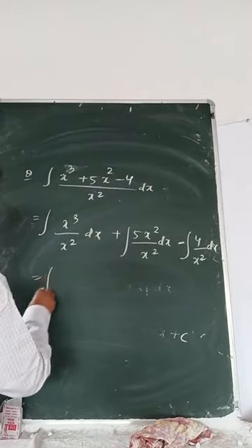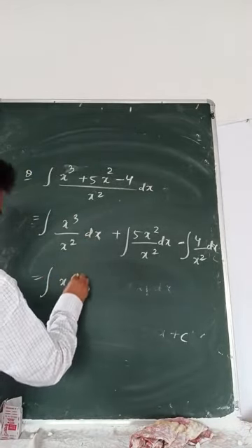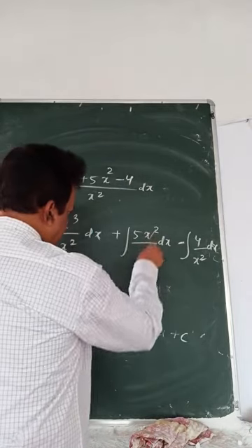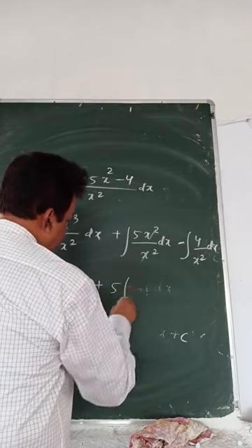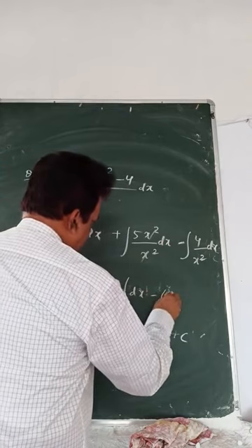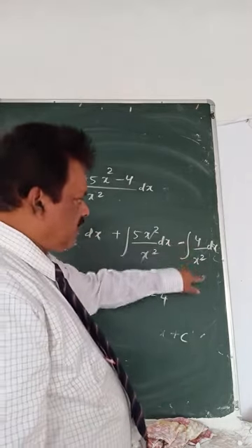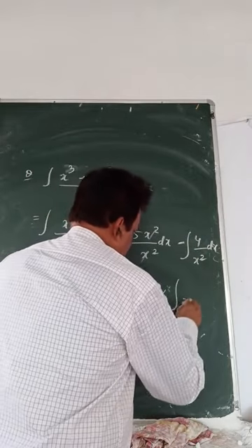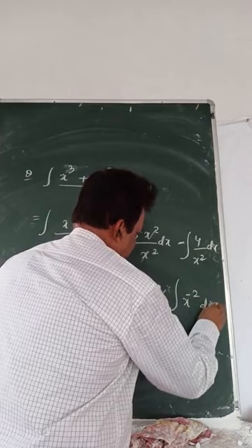So this becomes, if you cancel here, x dx. If you cancel here, then 5 dx. Here there is no formula for 1 by x square, so I will take it to the numerator: integration of x to the power minus 2 dx.